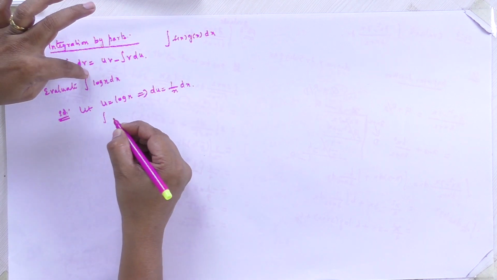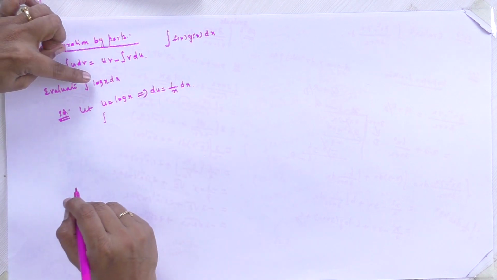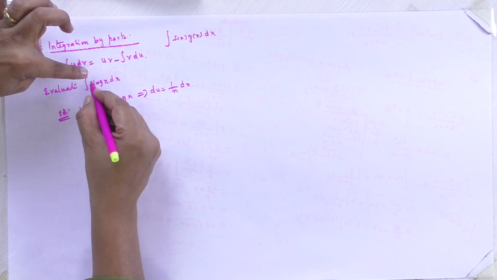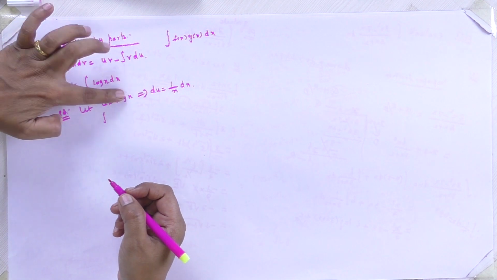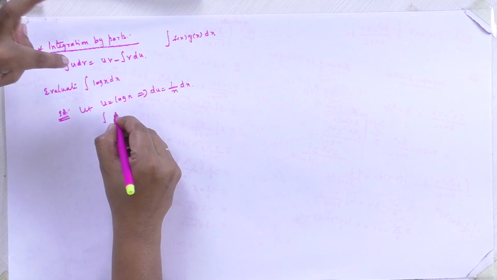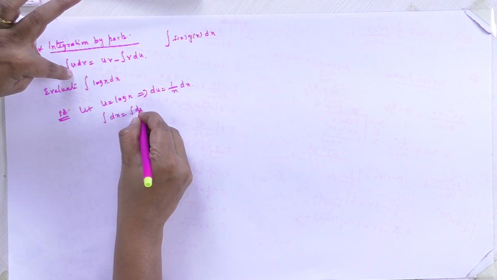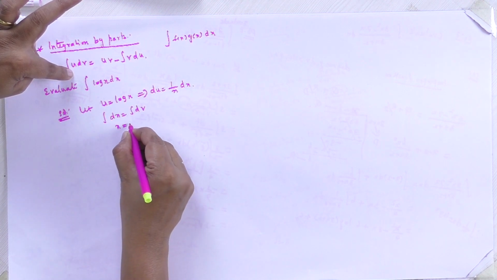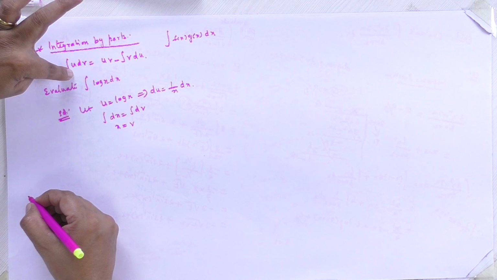Then integral dx is equal to integral dv. Integration and differentiation cancel, therefore we get x equal to v.